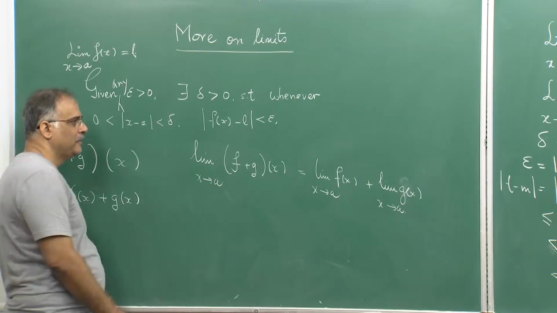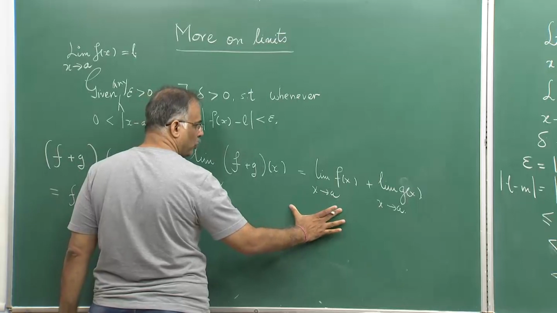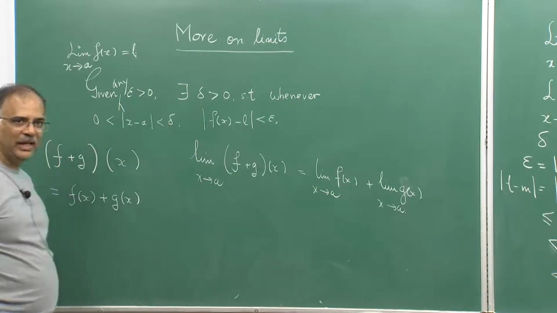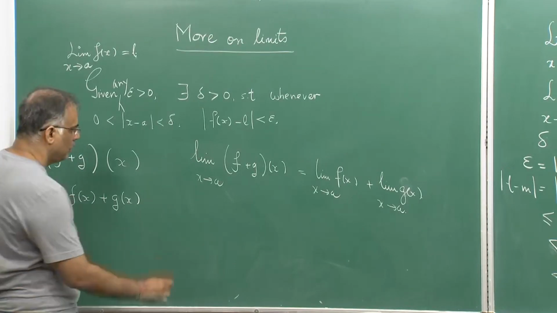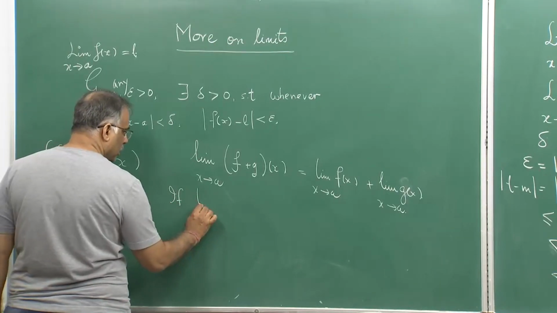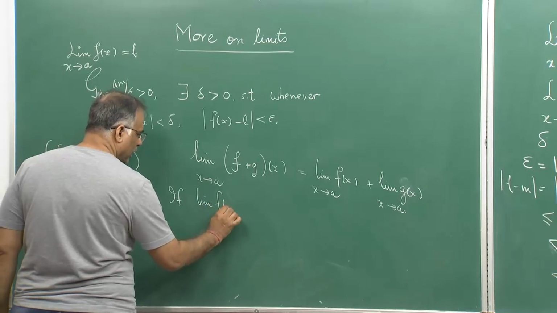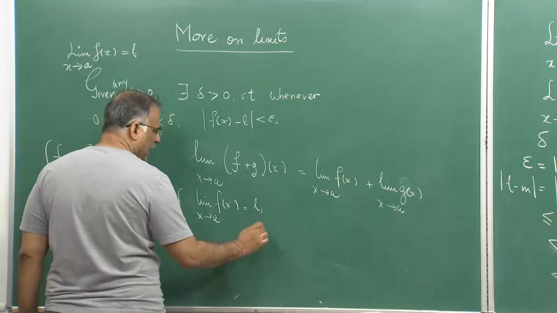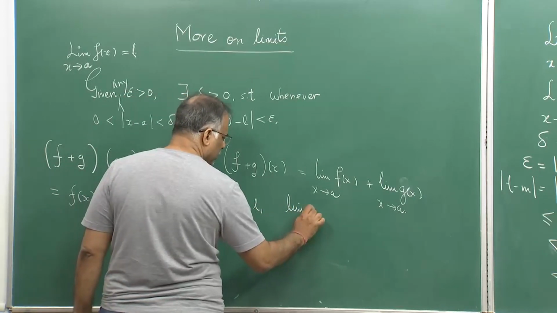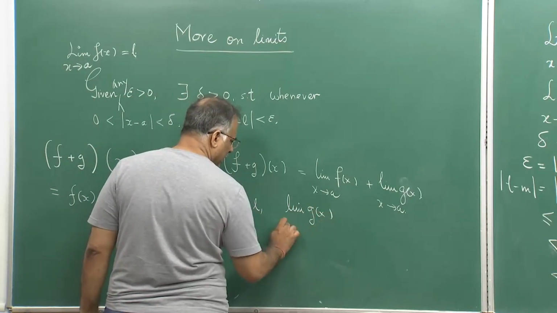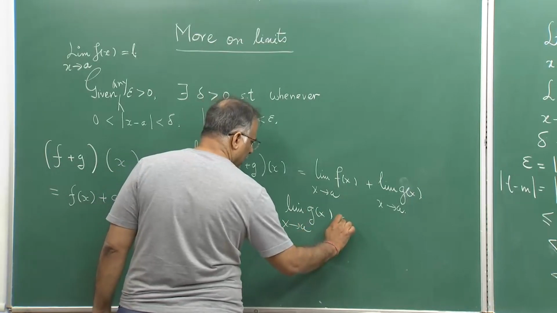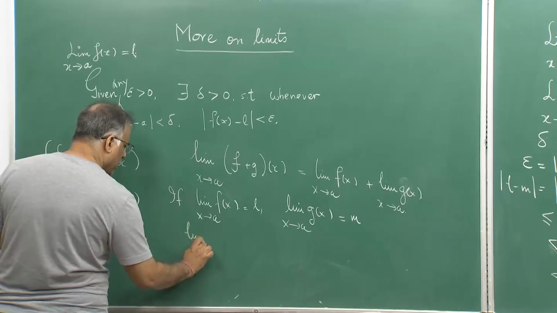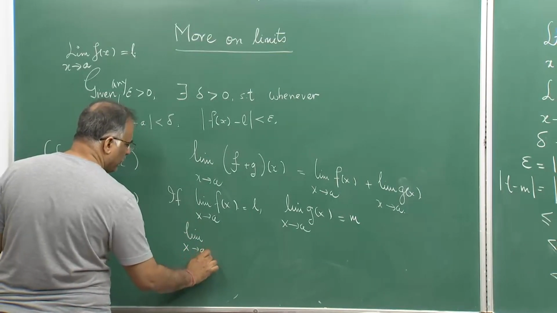Now, this is only true if the limit of f and the limit of g exist. If the limit of f(x) as x tends to a is L and the limit of g(x) as x tends to a is M, then you would know that of course.